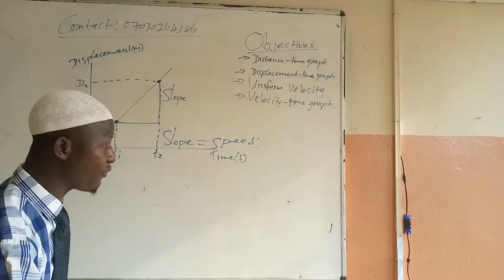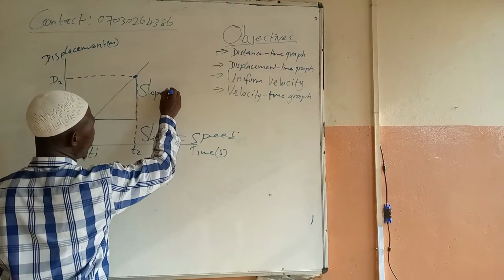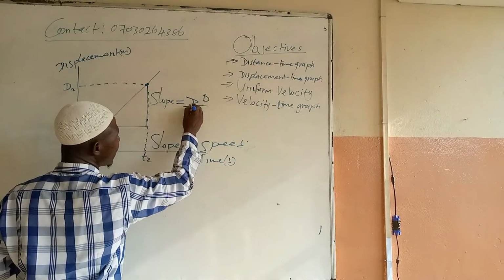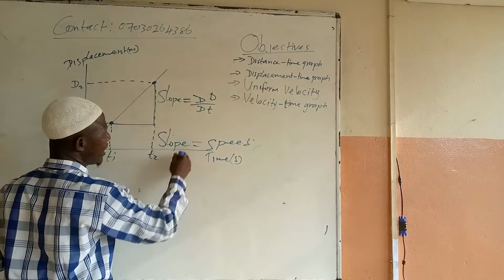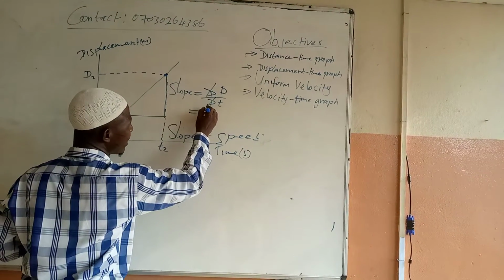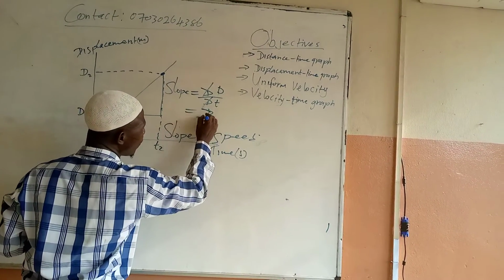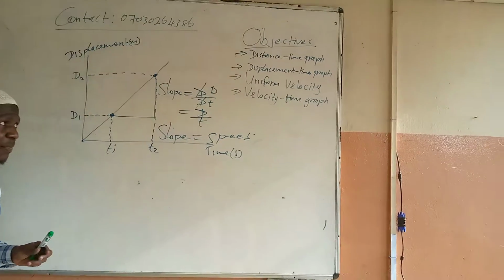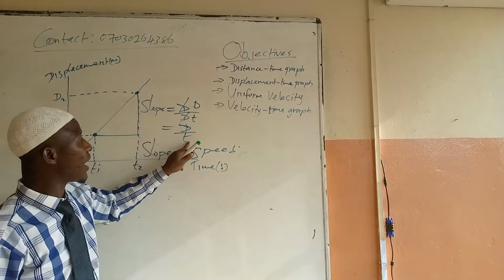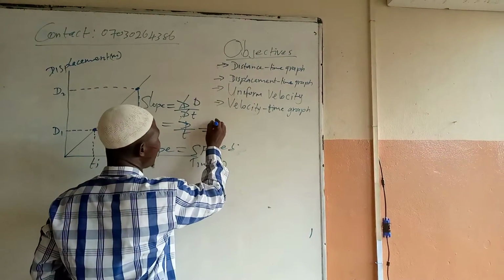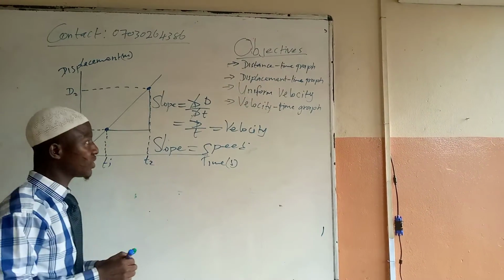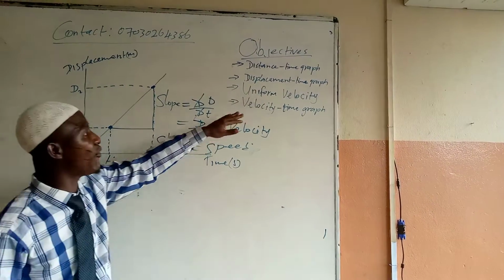The slope of this now gives change in displacement over change in time. Then if this cancels, we are going to have displacement over time. And don't forget, according to our last class, displacement over time gives velocity.